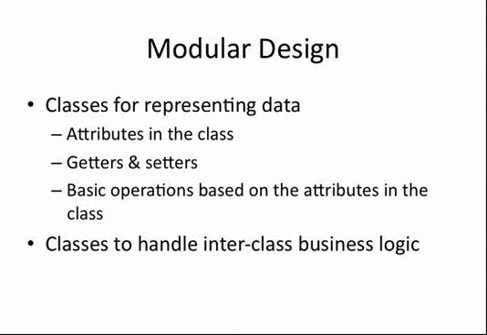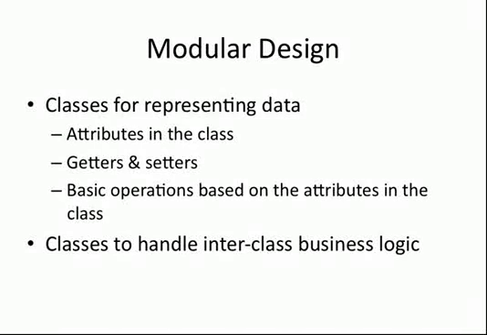Essentially, I would view this as two parts. The first part is that we need to come up with the correct classes for representing the data that's needed in the program. For example, we need to come up with some classes, and for each class, what type of attributes we need.